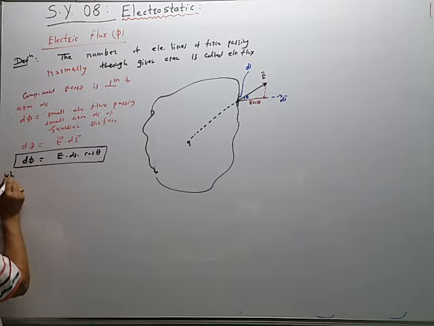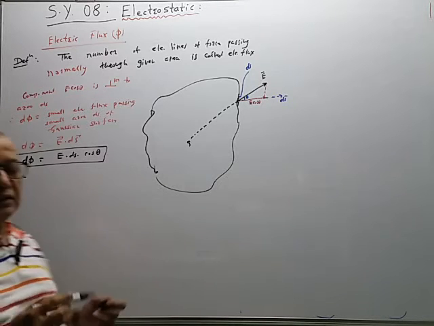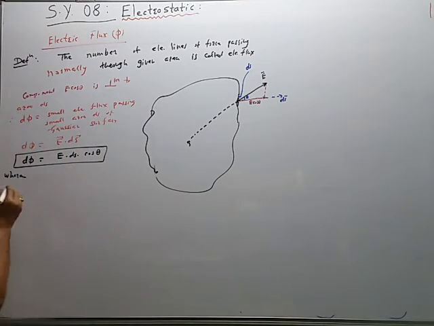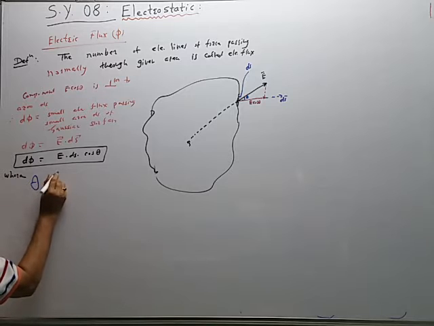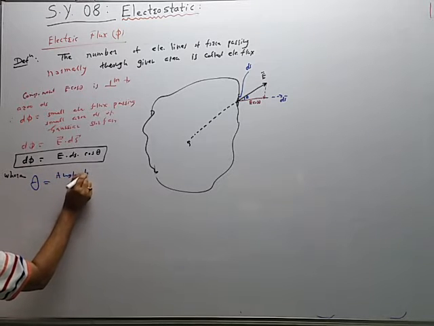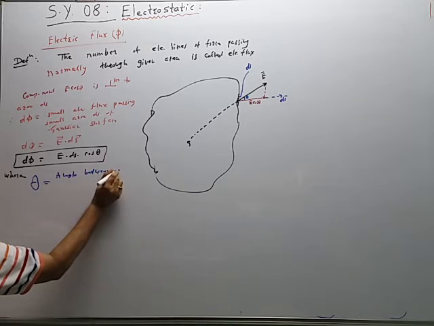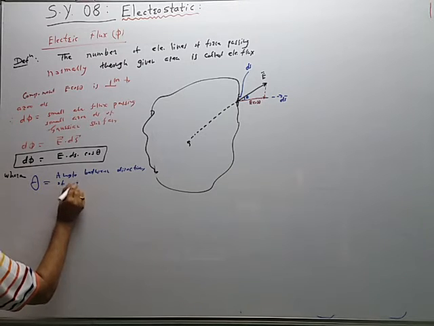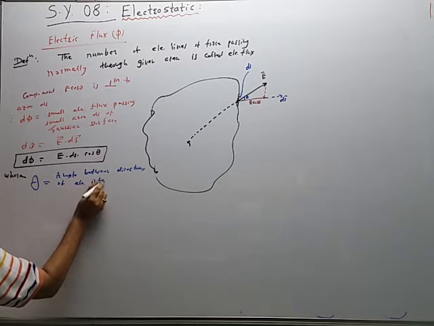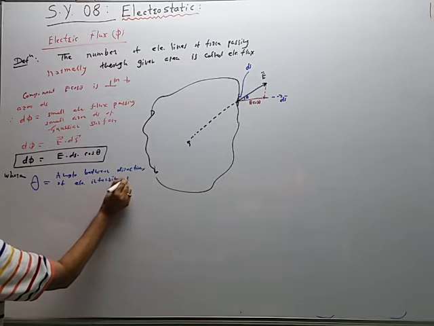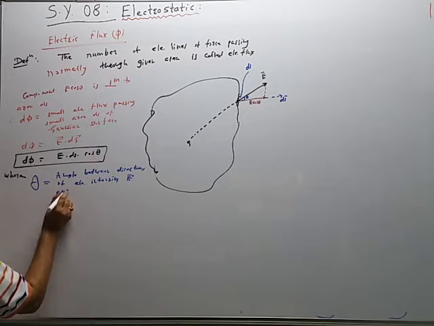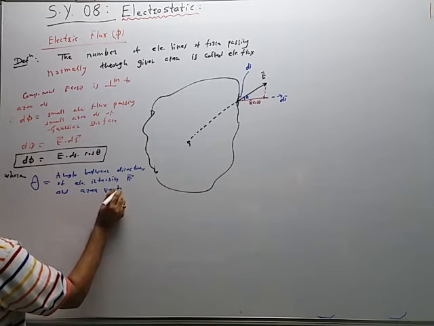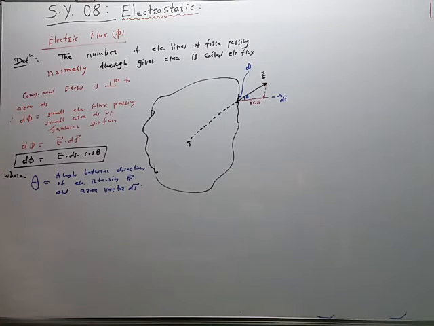Where this theta is a very important quantity. Theta is the angle between the directions of electric intensity vector E and area vector ds.